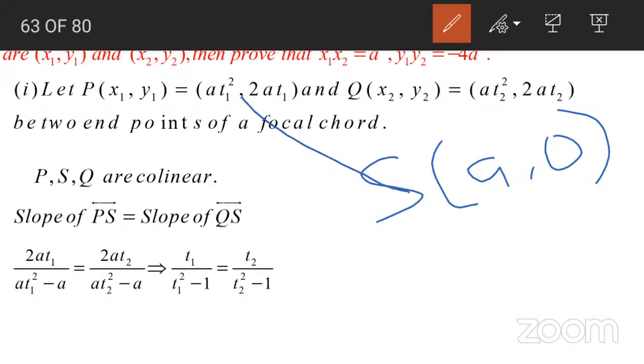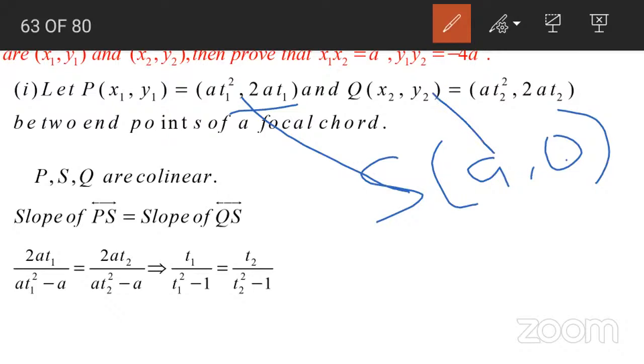So y2 minus y1 by x2 minus x1 is the slope of the given two points. That is 2at1 minus 0 by at1 square minus a. Similarly, for the other two points we get 2at2 by at2 square minus a.